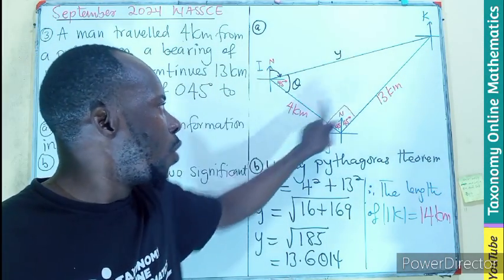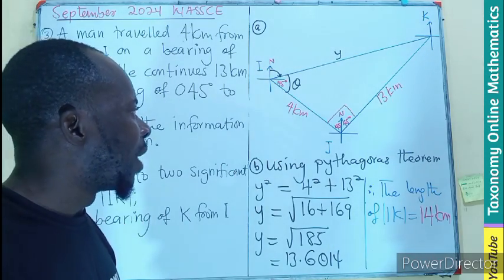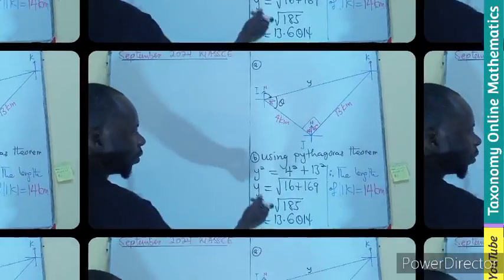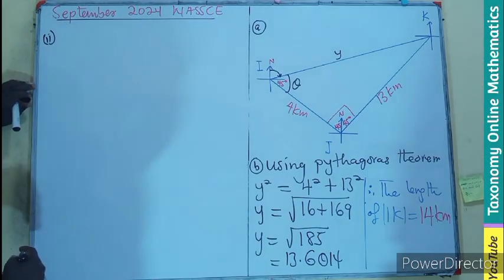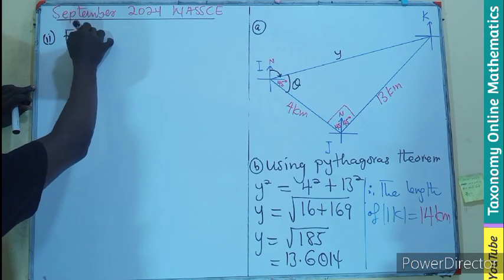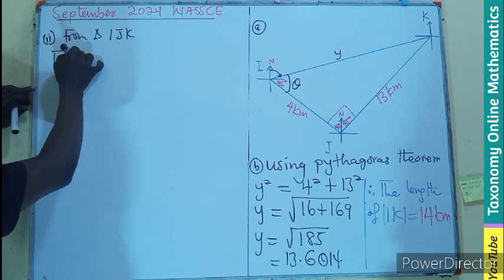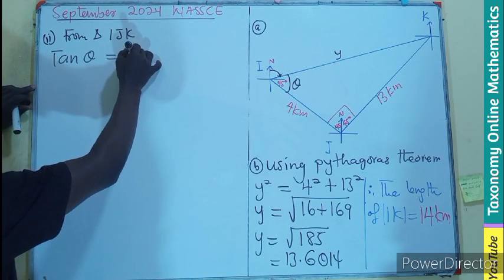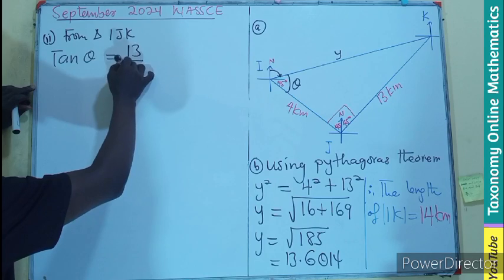So I can use TOA, that is tan, to find what that angle will be. So from the triangle IJK, we can have the tan of the angle we introduced equals the opposite side 13 divided by the adjacent, which is 4.